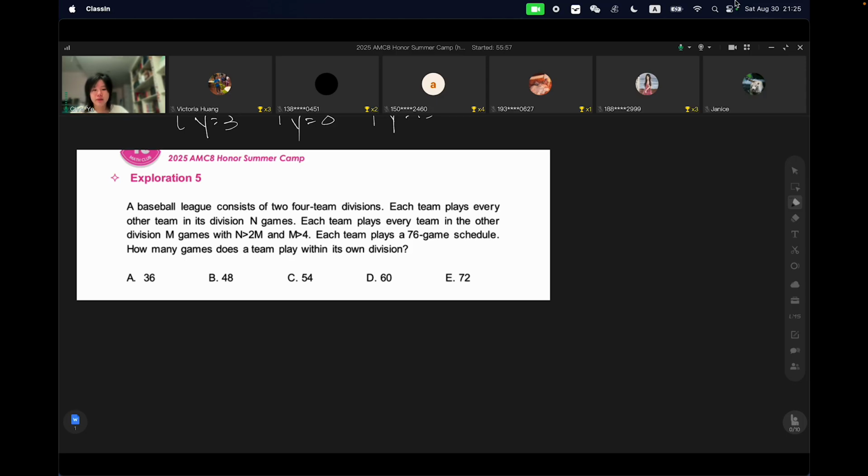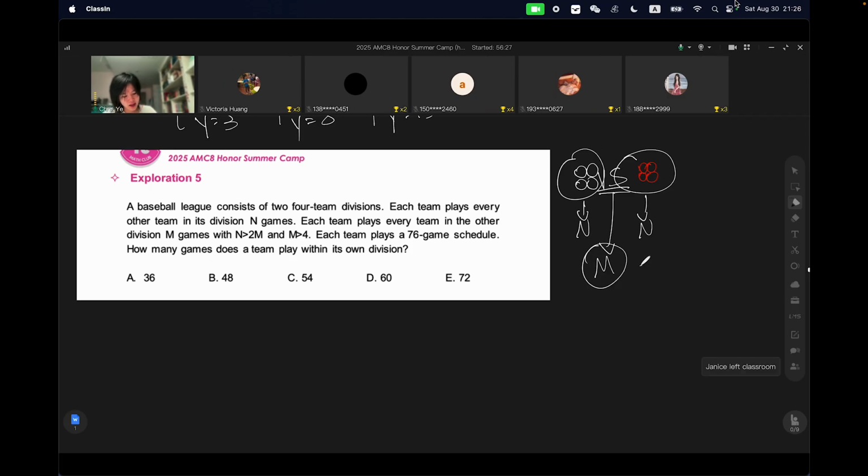And each team plays every other team in its division n times. So there are 4 white teams and 4 red teams. For each team versus each other team in the division, there are n games. And each team plays every team in the other division m games.